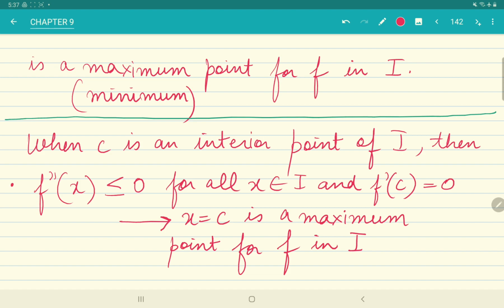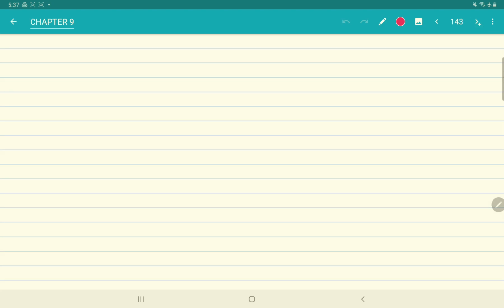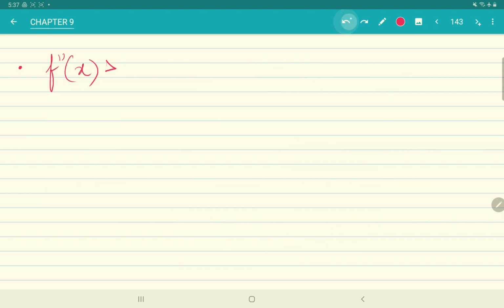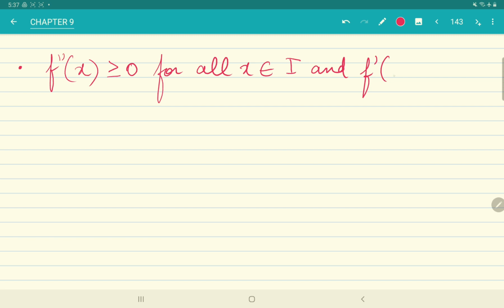Similarly, I can then write that f double prime x greater than or equal to 0 for all x belonging to I, and again the same thing, f prime c is equal to 0.